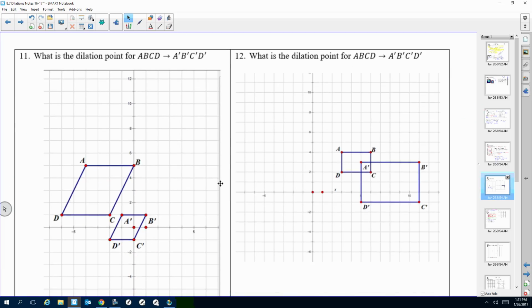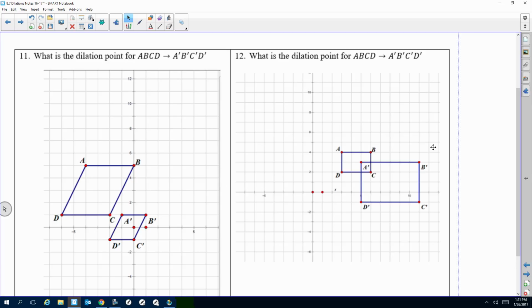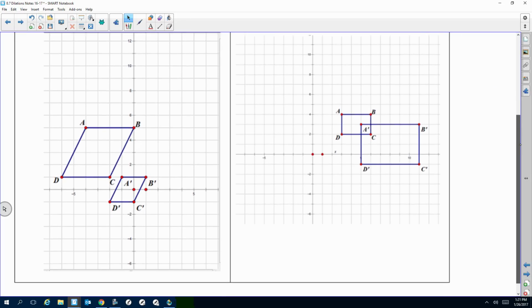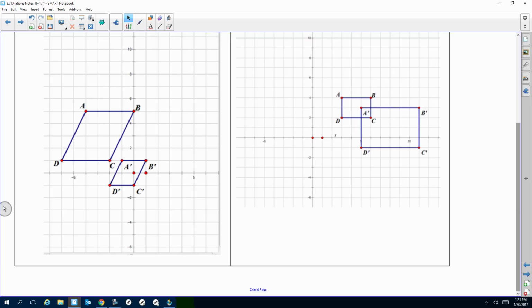I've given you the image and the pre-image on number 11. You need your protractor for this. On 11, we're going to draw a line connecting an image and a pre-image vertice.